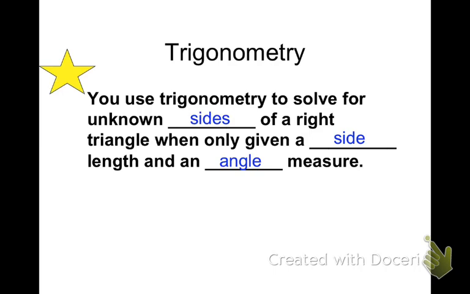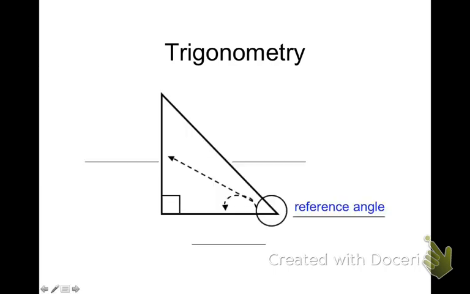So we've got some vocabulary we have to cover. First is what I'm going to call the reference angle. If I make this angle down here my reference angle, it's always going to be whatever the given angle is. Your hypotenuse will always be the length that's opposite the right angle. And then your legs, we're going to call opposite leg and adjacent leg.